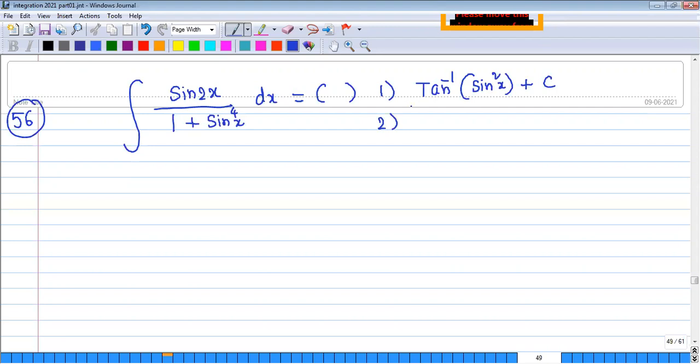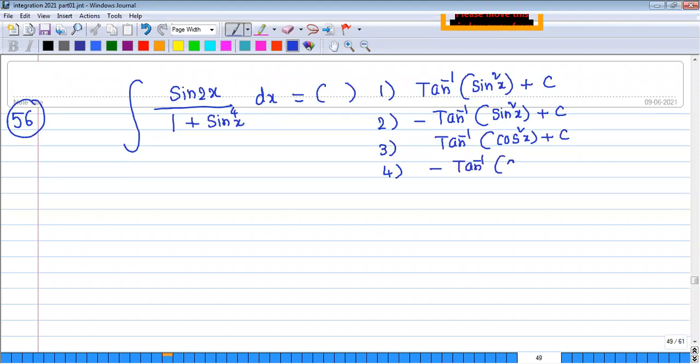Second: negative tan inverse of sin square x plus c. Third: tan inverse of cos square x plus c. Fourth one is negative tan inverse of cos square x plus c.